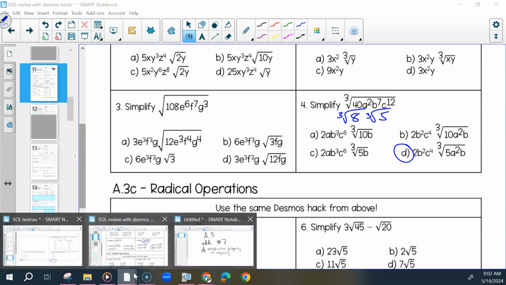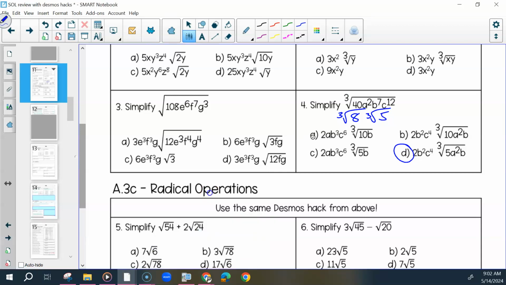So if you were doing it by hand, you would eliminate A and C because the A squared needs to stay underneath. And then 3 goes into 7 twice. That would be B squared with 1 left over. And C goes into 12 4 times.